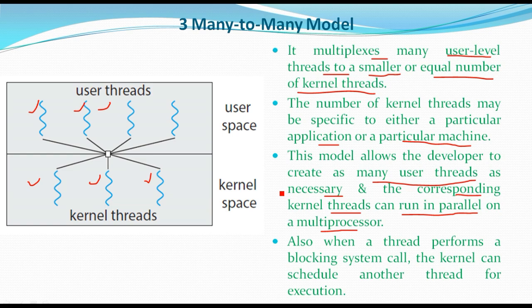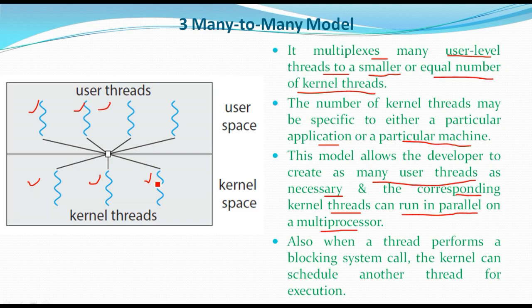And also, when a thread performs a blocking system call, the kernel can schedule another thread for execution. Meaning, if one of the threads makes a blocking system call, the kernel can still schedule another thread for execution.